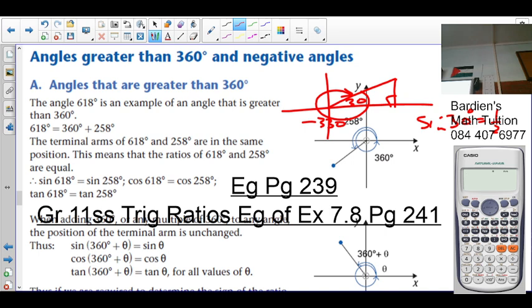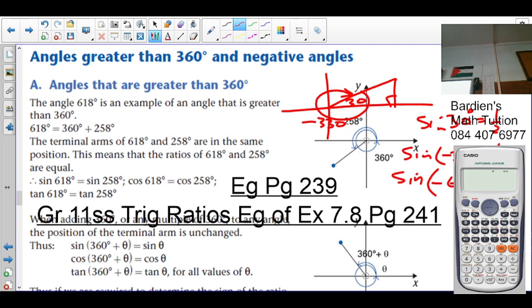Now you check sine of negative 330. It's going to be the same. If I subtract another 360, it's going to be negative 690. What is sine of negative 690? Can you see that?